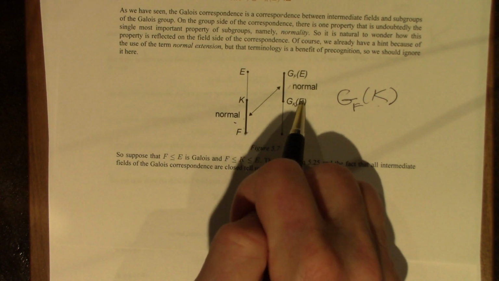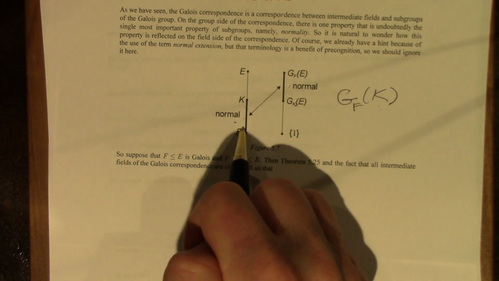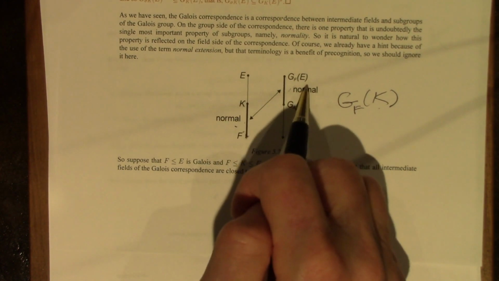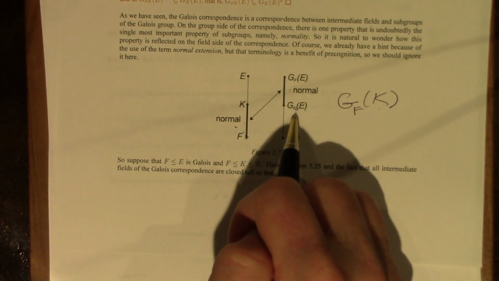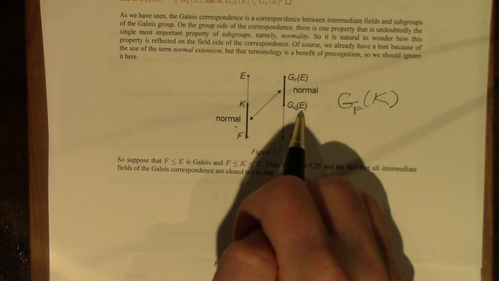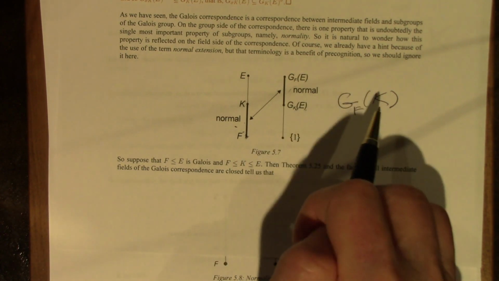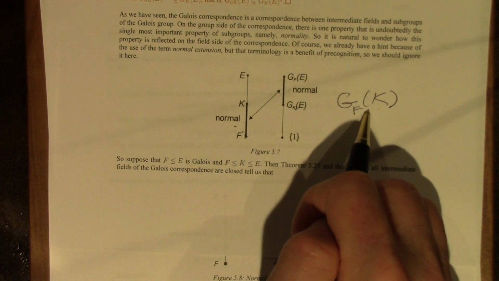This is normal because this is normal. We're assuming this is normal, therefore GKE is normal in GFE, so the quotient set is in fact a quotient group, and it's isomorphic to this Galois group.